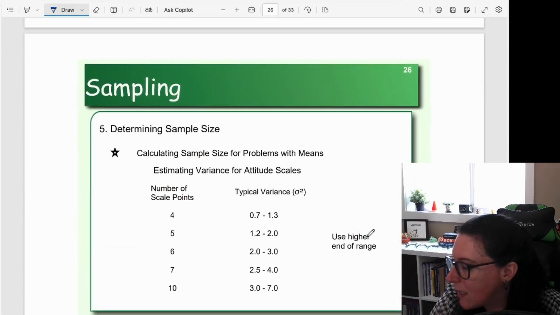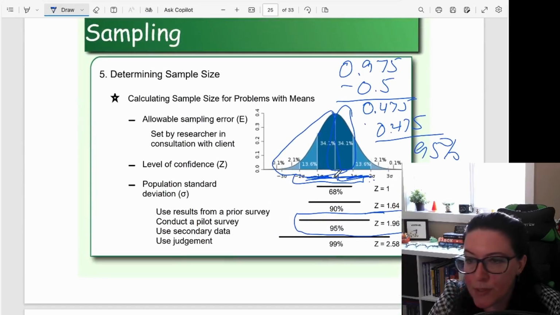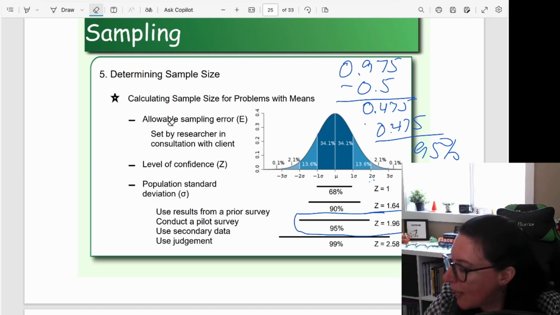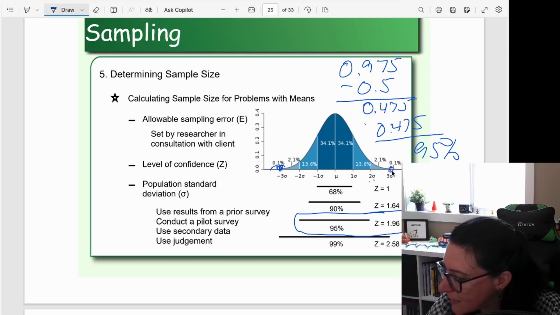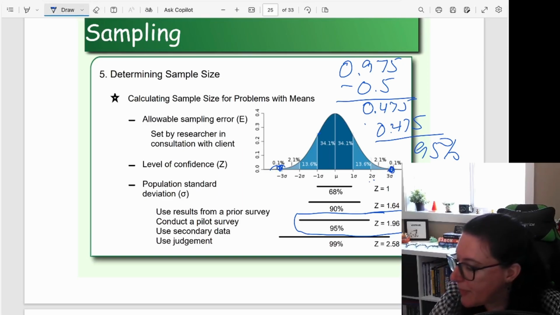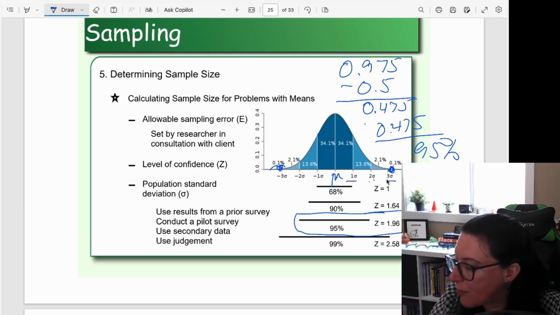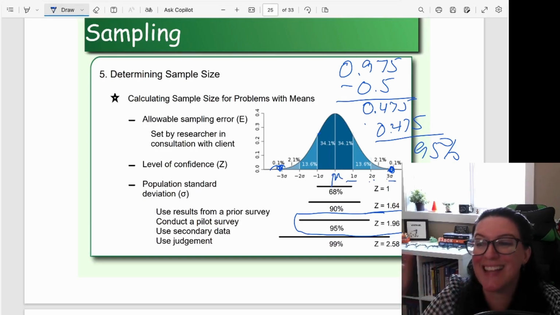Why 6? Because if we look at this normal distribution, the minimum and the maximum should be 3 standard deviations in either direction. So if we can go 3 this way and 3 that way, that's 6.